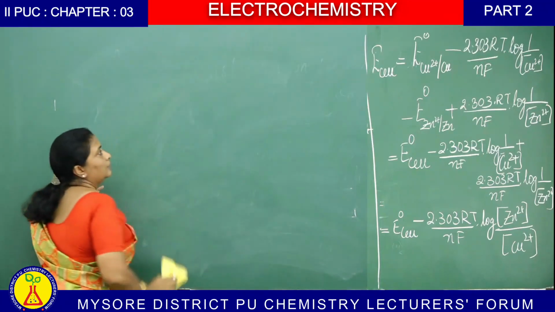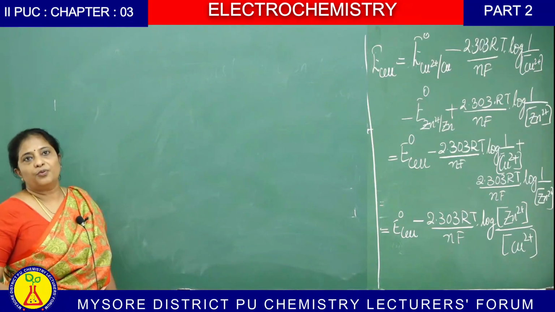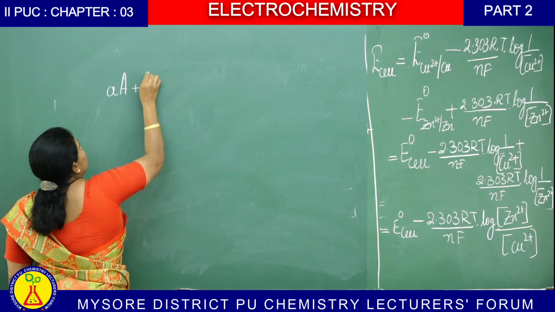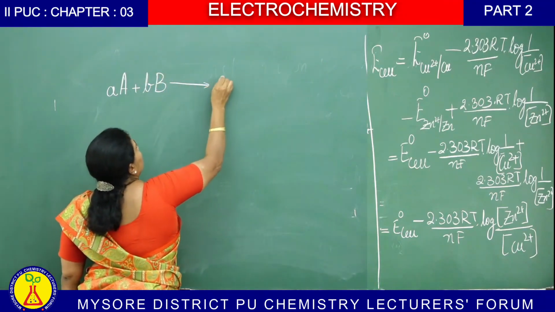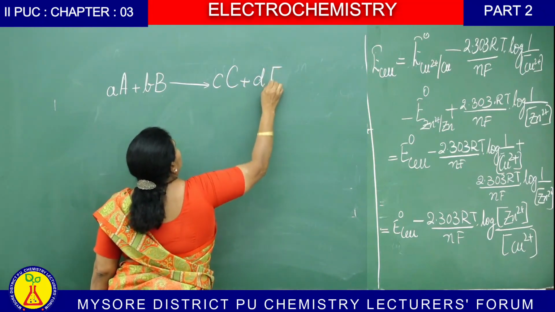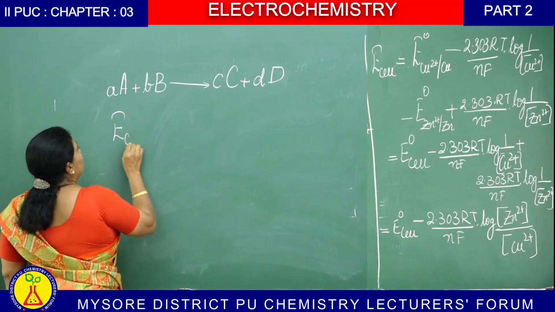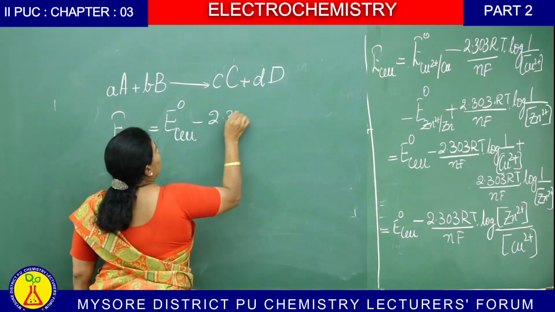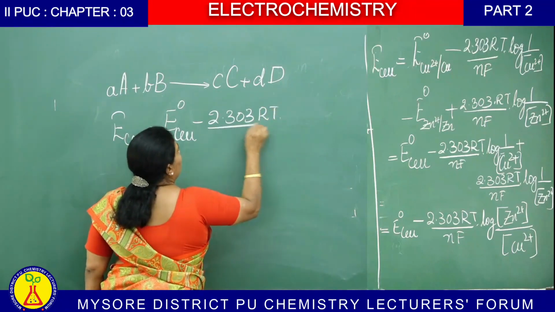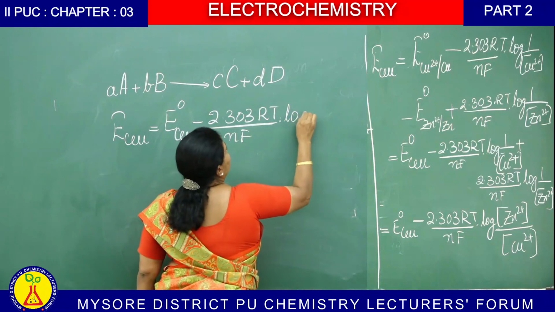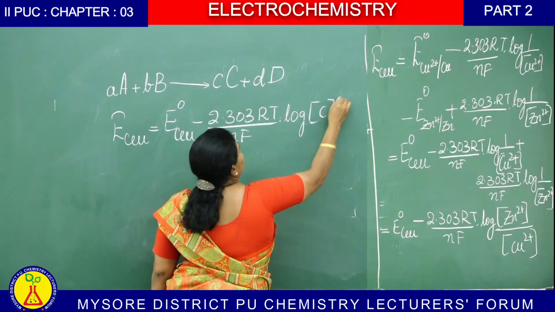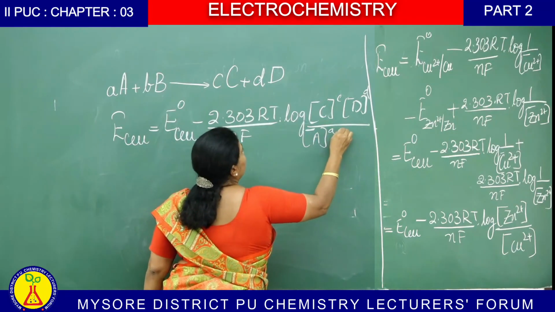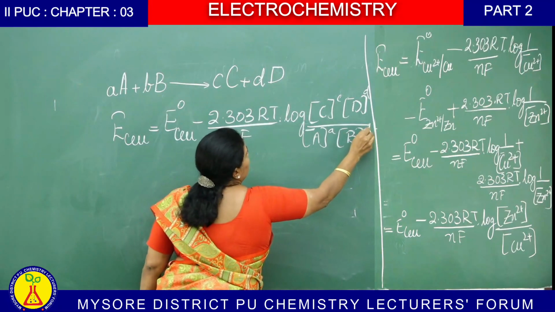The Nernst equation for a general electrochemical reaction is as follows: E cell will be equal to E naught of cell minus 2.303 RT by nF into log of concentration of C to the power c, D to the power d, divided by concentration of A to the power a into concentration of B to the power b.